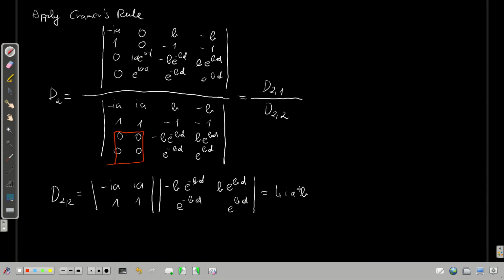So the strategy to solve for D21, so I write again here this determinant. But the strategy would be to rearrange columns and rows of this determinant such that we yield a determinant where these lower 4 entries here are 0 as well, to be able to apply a more simple formula to solve for the value of the determinant.